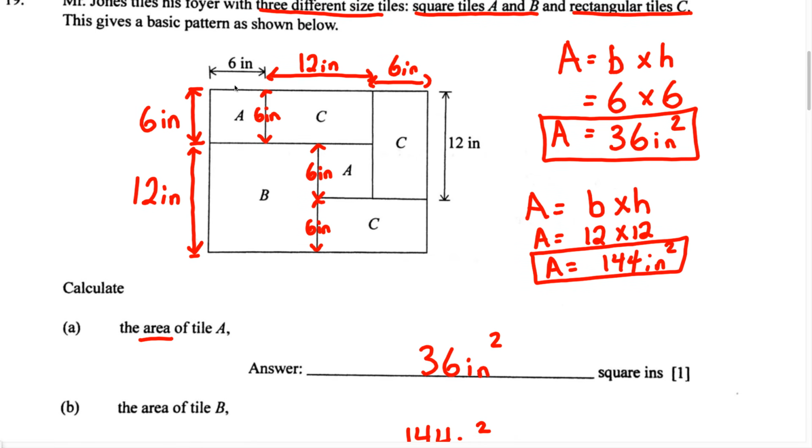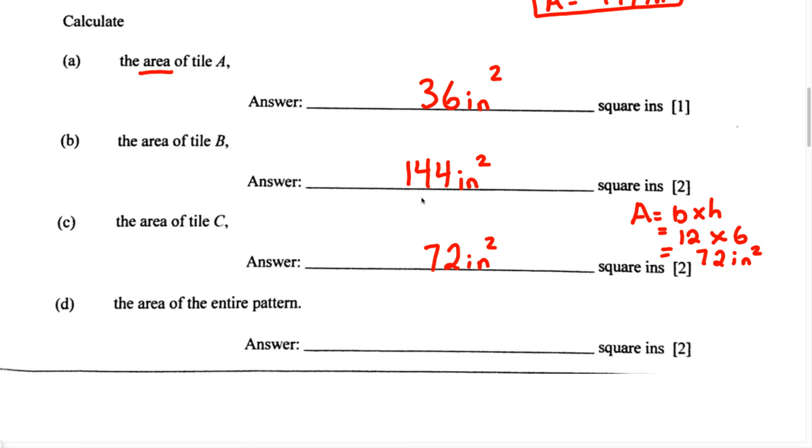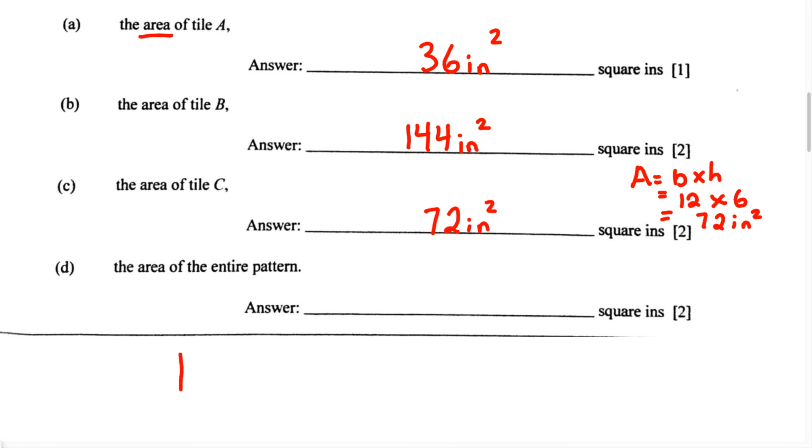We can say the base is going to be 6 inches plus 12 inches plus 6 inches. The base equals 6 inches plus 12 inches plus 6 inches. Now when we put all of this in our calculator, we're going to get 24 inches.